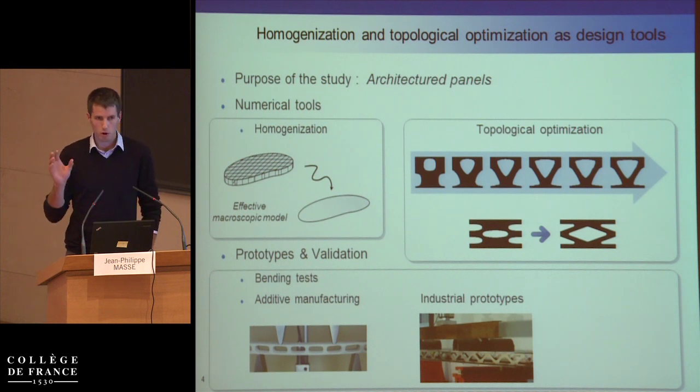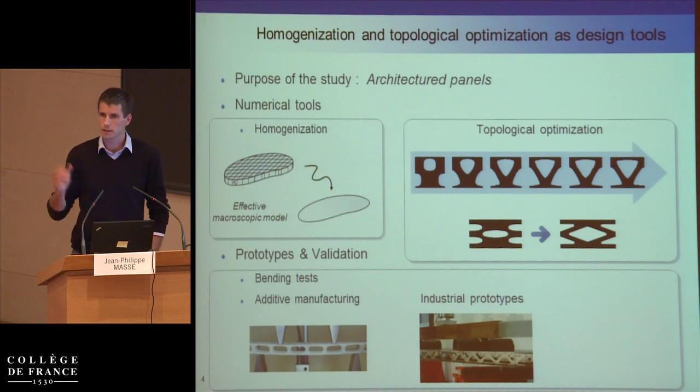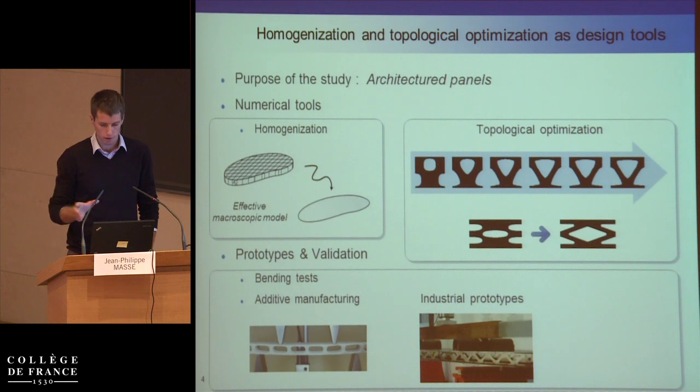So I will present more the methods than different types of architecture materials, as you will see during this afternoon and days. More on methods, I mean homogenization and topological optimization, in order to present a complete approach of how, from the specification, to design a given architecture panel.